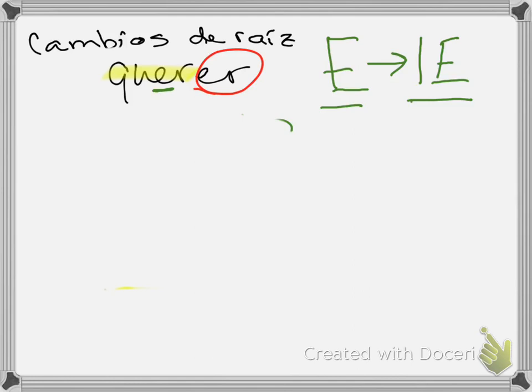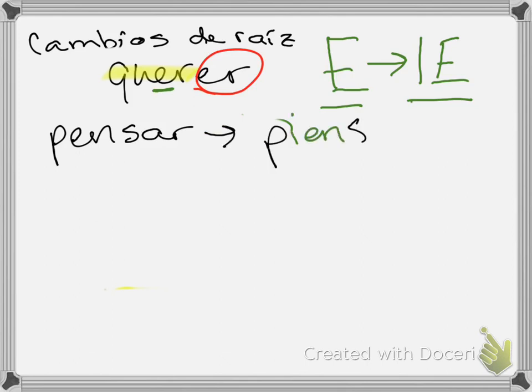So, for example, another common one is pensar, which means to think, all right? So it would be yo pienso, but nosotros pensamos, okay? Another common one is cerrar, to close, okay?